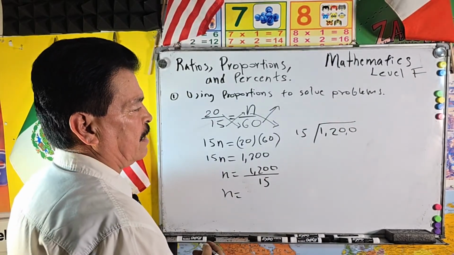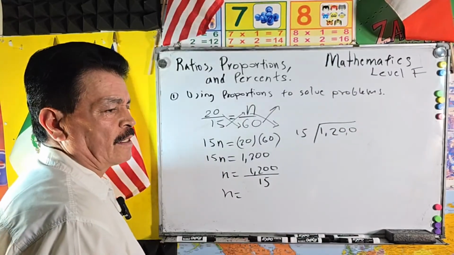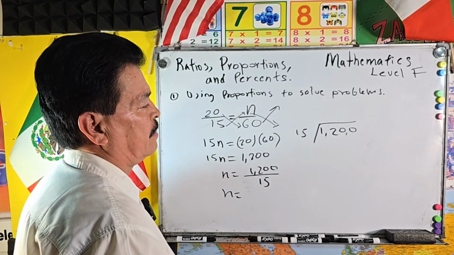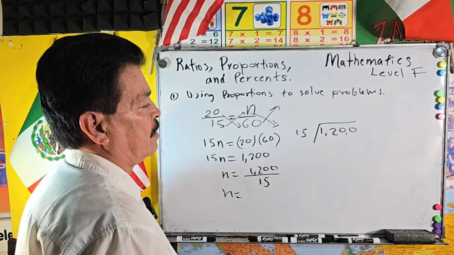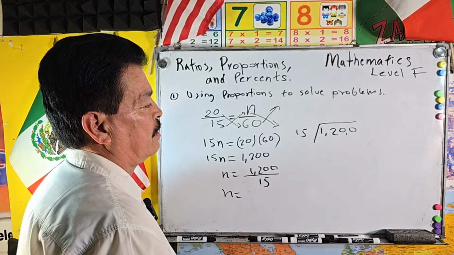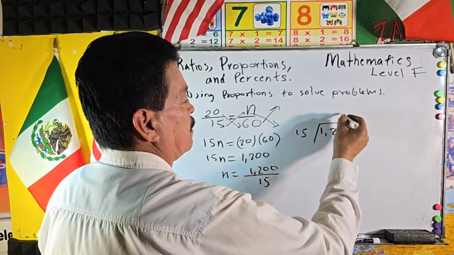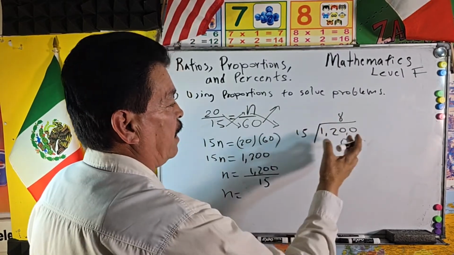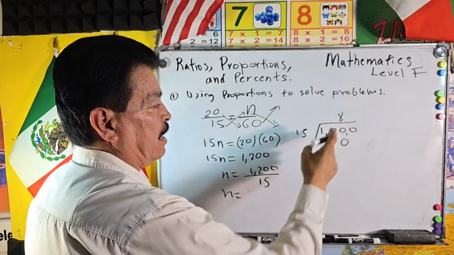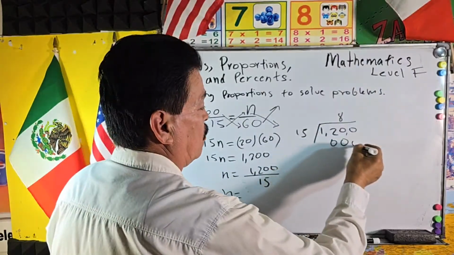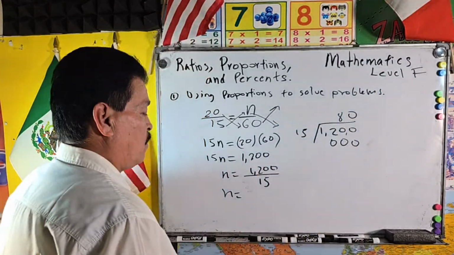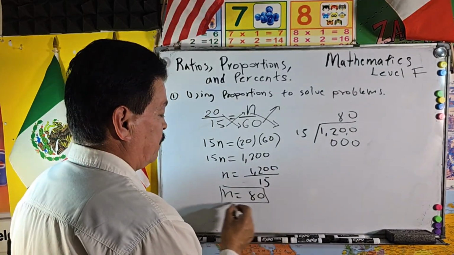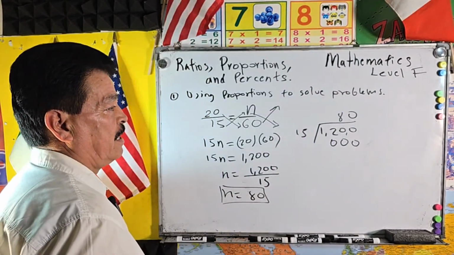How much is it? 8 times 5 is 40, and 8 times 1 is 8 plus 4 is 12. So it's 80, right? So n equals 80.